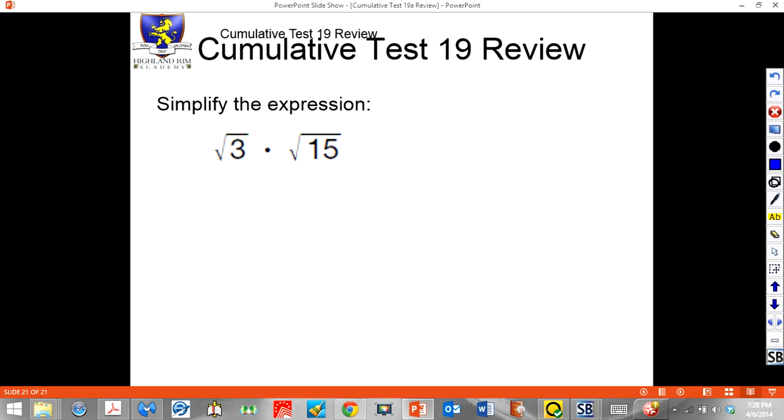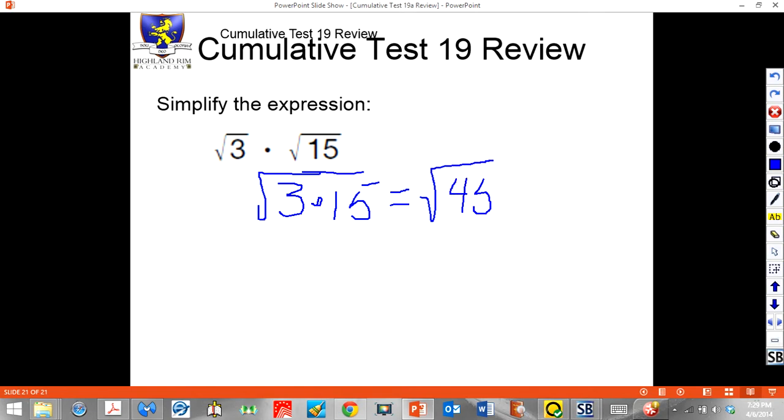And I do believe this is our last problem. This is our radicals problem, and we end up with the square root of 3 times the square root of 15. Now we multiply radicals. We can put all the numbers under the radical. So we end up with the square root of 3 times 15, which is equal to the square root of 45. So we want to factor things out.